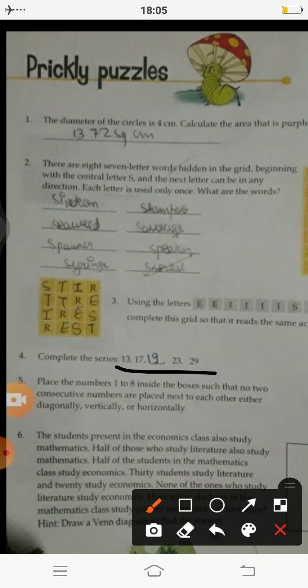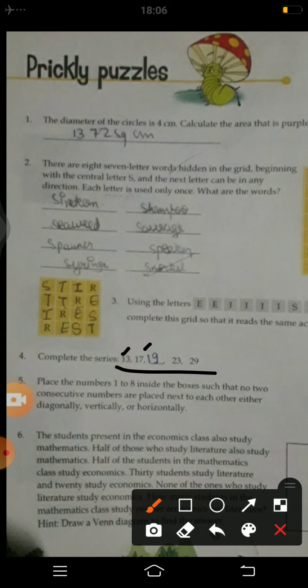If you can see, these all are prime numbers. 13 is a prime number, the next prime number is 17, the next is 19. Later on we have 23 and 29. In between them there is no prime number, so this is the series of prime numbers. Prime numbers are numbers which are not multiples of any number, so they cannot be found in any tables, like the tables of 2 and 4.